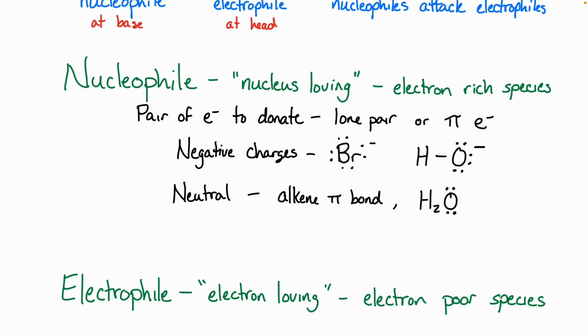Okay, but what do we think would be a better nucleophile, hydroxide or water? Hydroxide. It's got more electron density. So in general, yes, these negatively charged nucleophiles are better nucleophiles, right? But we also want to look for these neutral nucleophiles. We've seen, in fact, this chapter is all about those alkene pi bonds playing the role of a nucleophile.